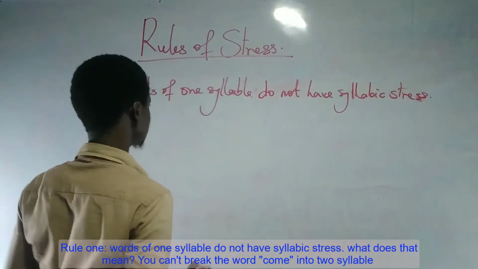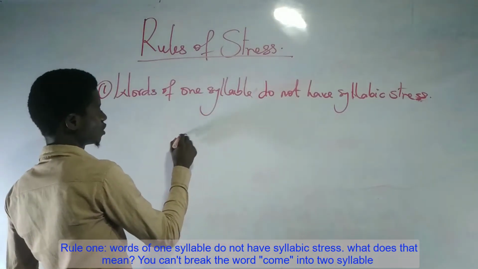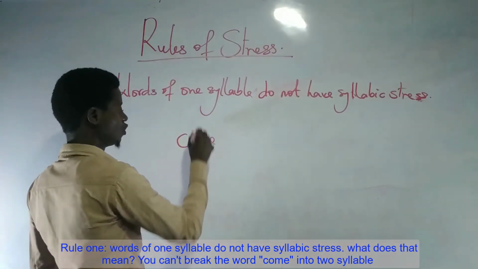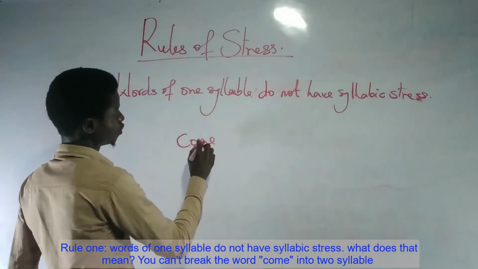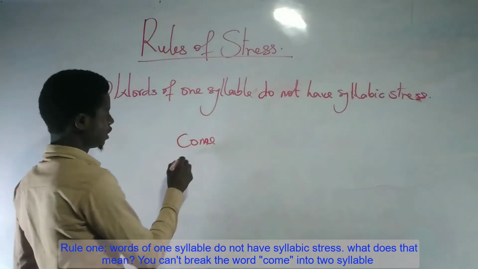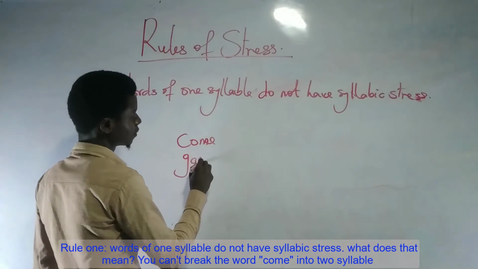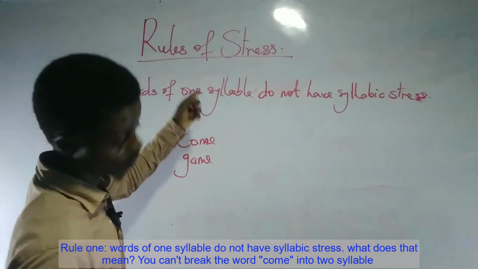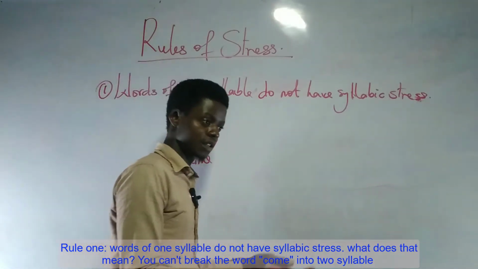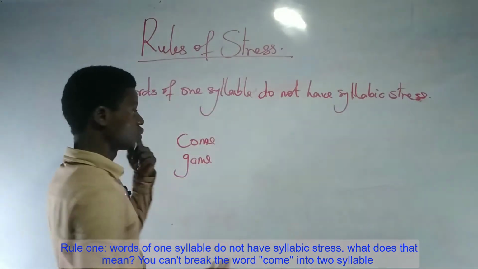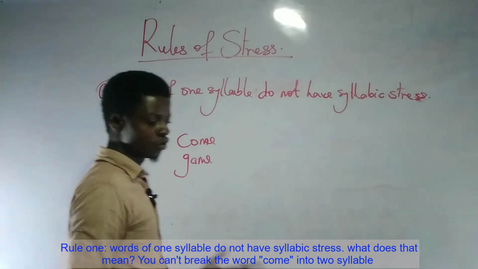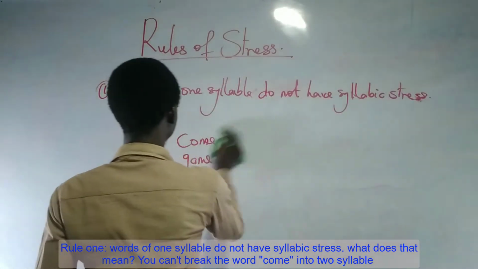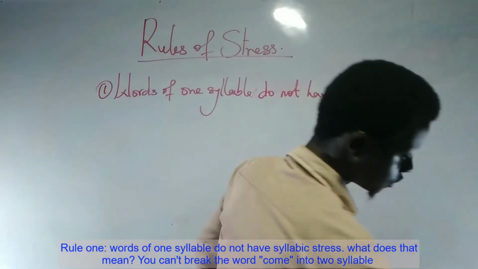What does that mean? You cannot stress calm. You can't break it into two. You cannot stress gain. You can't break it into two. Because we are talking of syllabic stress now, not emphatic stress. You can't break this into two to stress. So that is what we mean by that. That is rule 1.